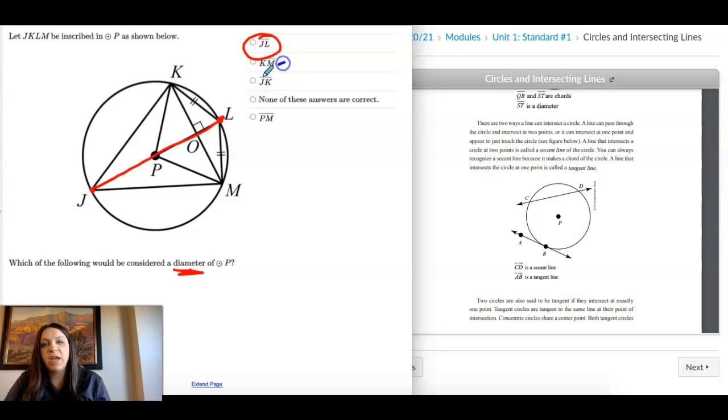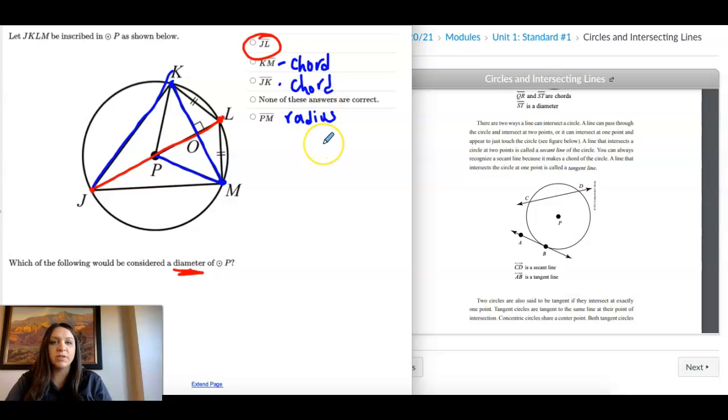If I look at KM, that goes through 2 points. But this is actually called a chord because it does not go through the center. And same with JK and PM. PM's a radius, actually. JK would be a chord. It does not go through the center.